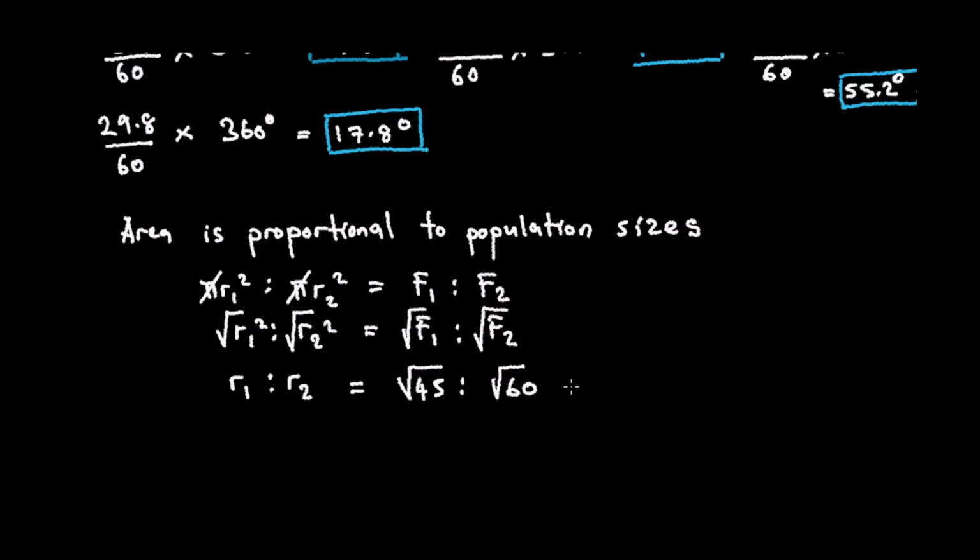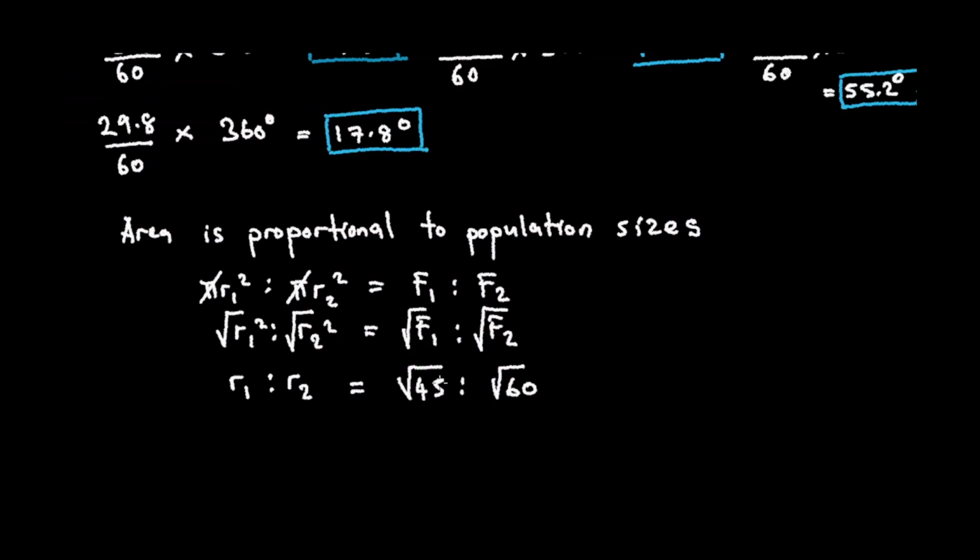So having done that, what are we going to do? We get that ratio. What we can do is find out the square root of 45 and the square root of 60, and then we get these square roots.